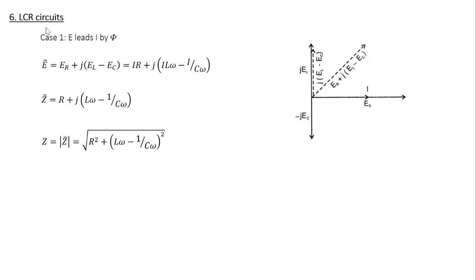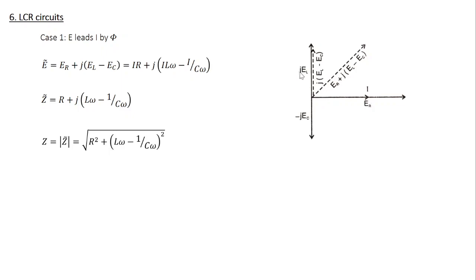Let's try to represent the first case where the voltage leads current by an amount phi. We have three voltage components here. One is the in-phase component across the resistance, ER. Then we have one component across the inductance, which leads the in-phase component by an angle 90 degrees.